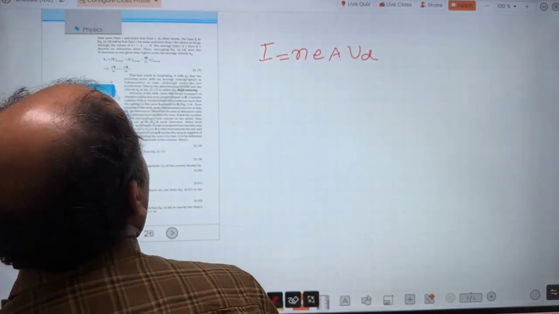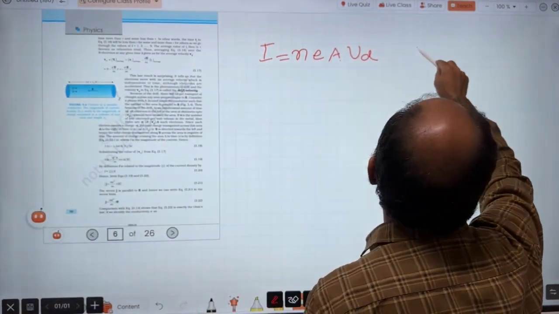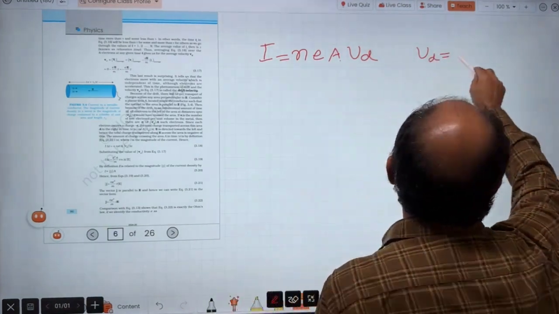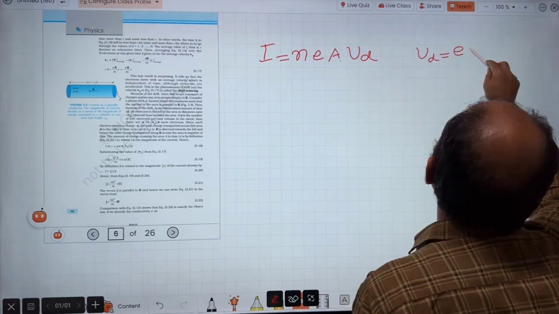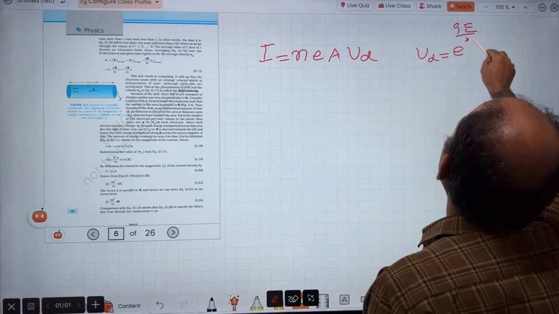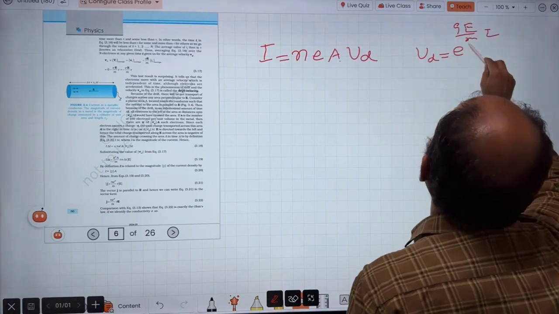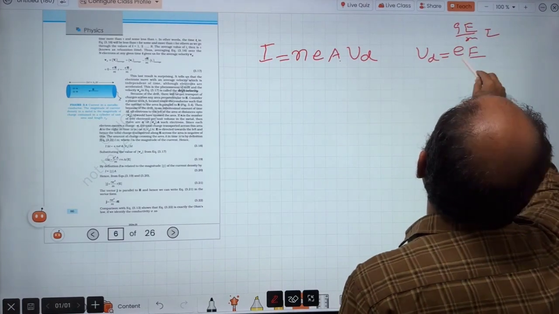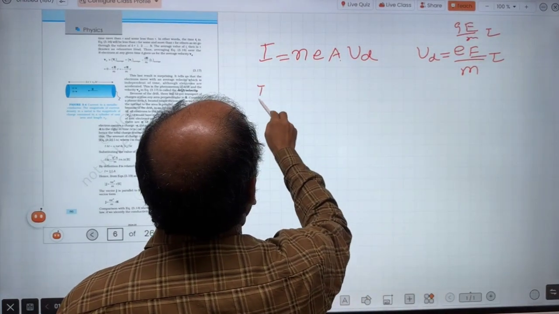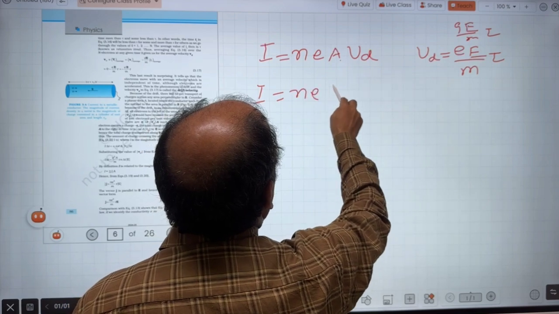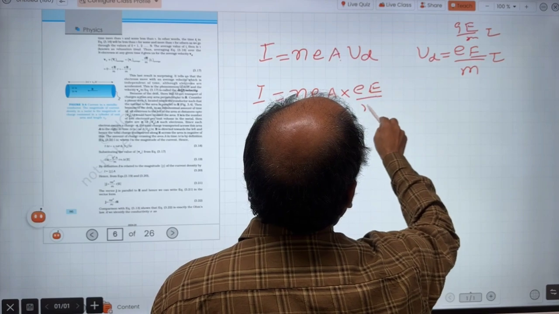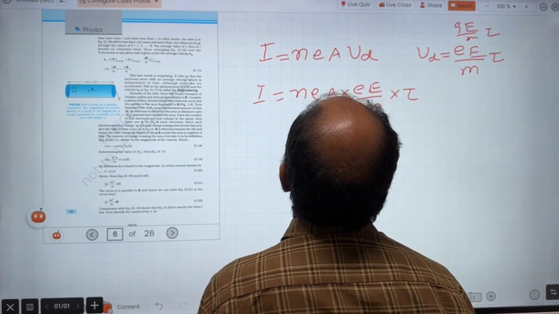So we can put the value of Vd. What is Vd here? What we have derived, the drift velocity: QE divided by m times tau. So in place of Q we can write small e, divided by the mass of electron into tau. So I equals n e A times Vd, where Vd is eE divided by m times tau.